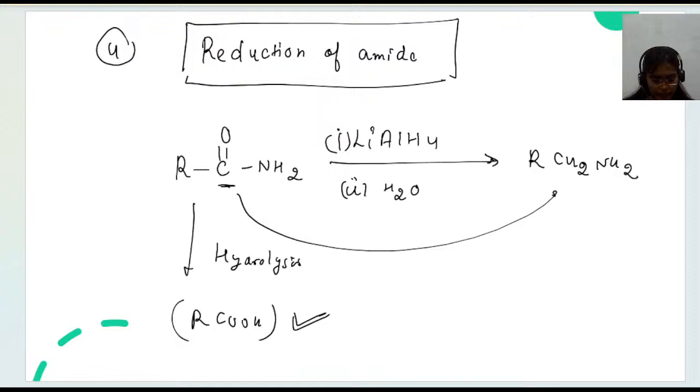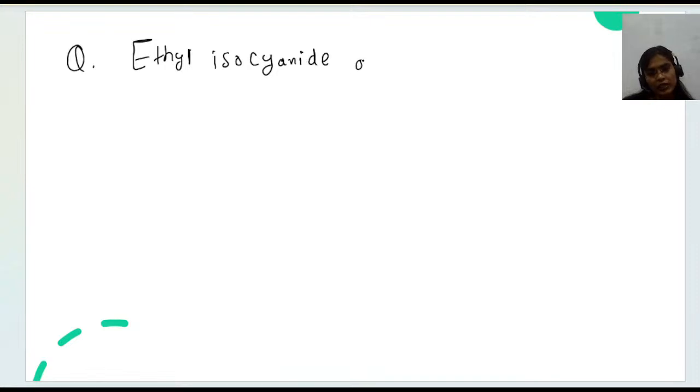Now let's solve a question. Easy question, so now answer this. This is an important question. The question is this: ethyl isocyanide. I guess everyone knows what isocyanide is, right?